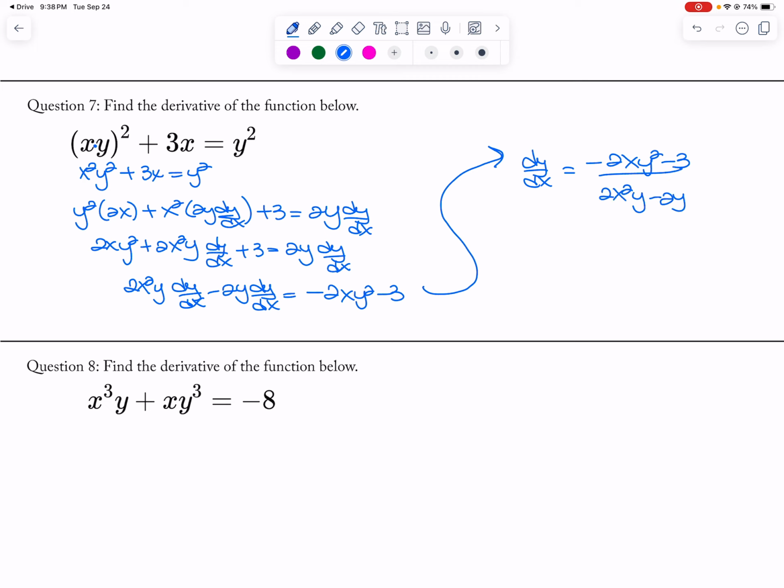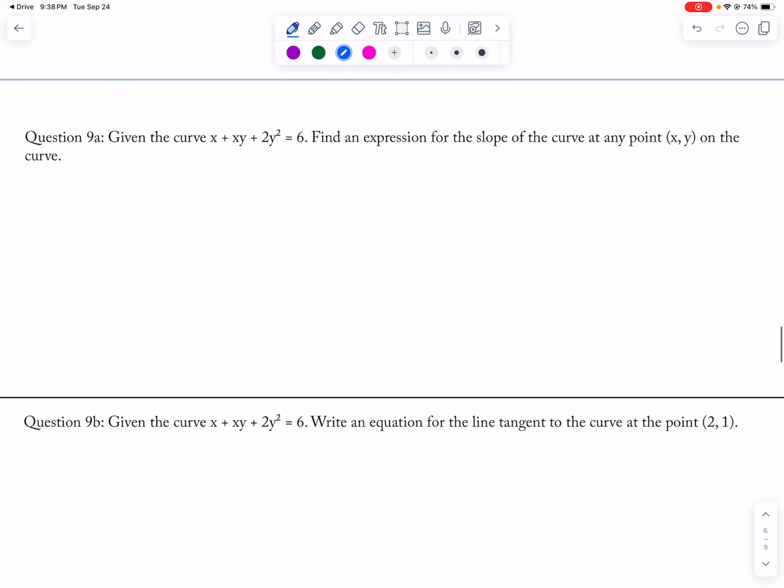Okay, and then, let's see, so now, question 9 here. So I want to find the slope at any point on the curve.